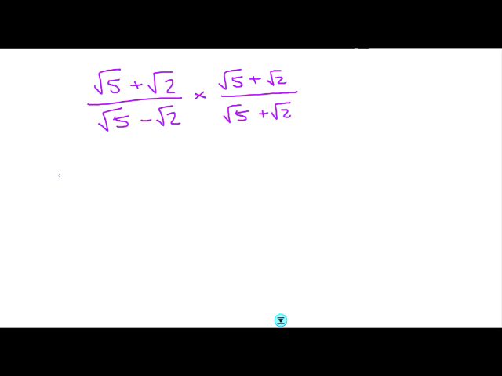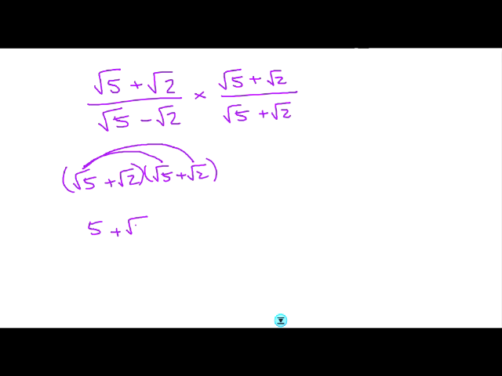So we've got two things to do here. So take our time. So root 5 plus root 2 multiplied by root 5 plus root 2. So here I'm going to have 5. The first term to the last term, that's going to be root 5 times root 2, which is root 10. We're going to have another one of those.